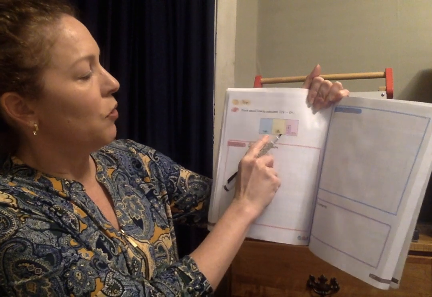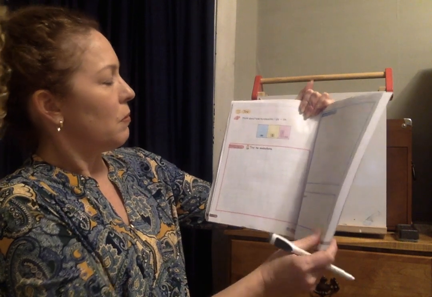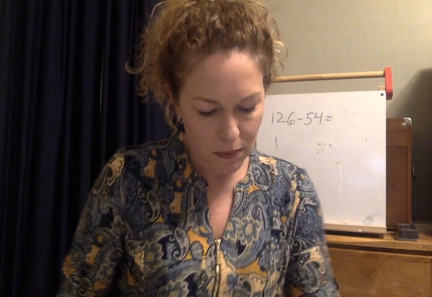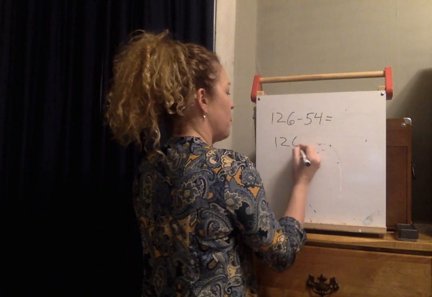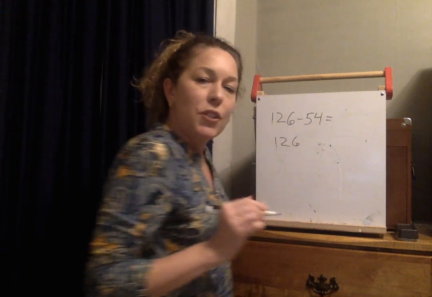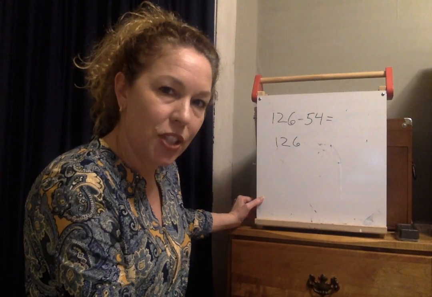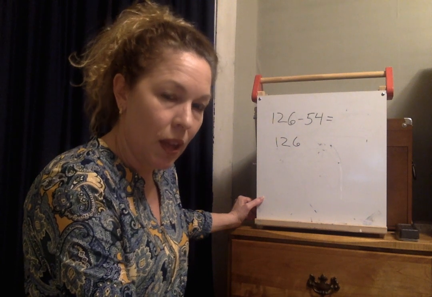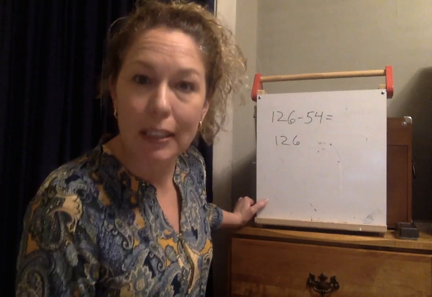Okay, so we're starting with 126. All right, so 126. I want you to pause the video, solve the problem in your My Idea section right now, and then come back. Pause it, solve it, come back.